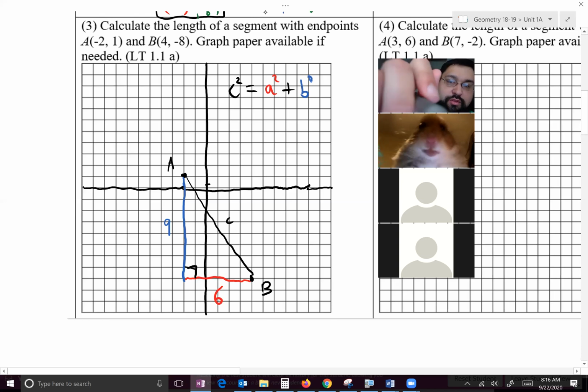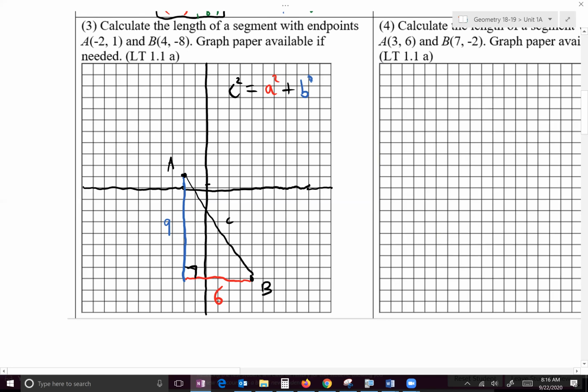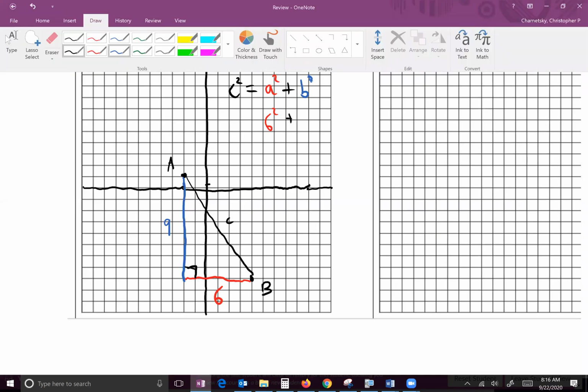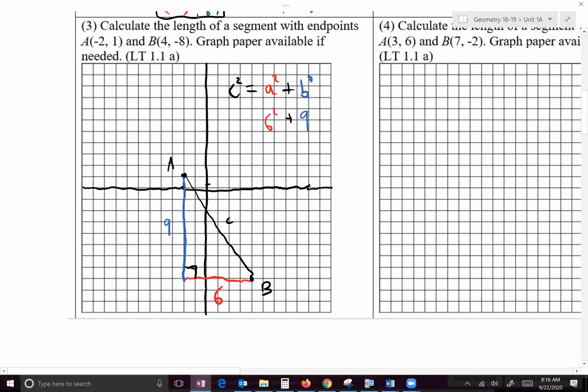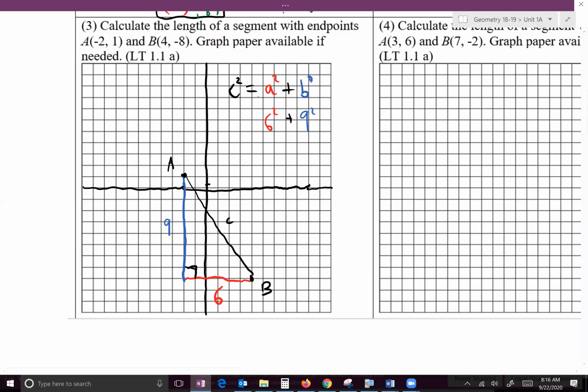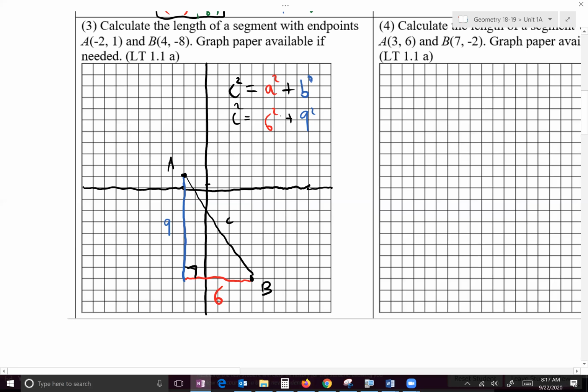So when I plug those in, and actually, one thing we can do here is, oh, that was weird. Well, we'll get to that in a moment. Okay, so we'll plug in 6 for A and 9 for B. And then we can solve from there.